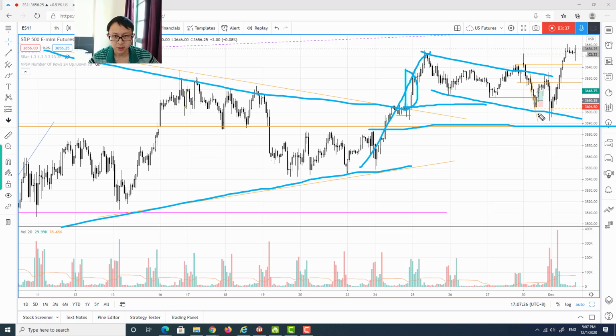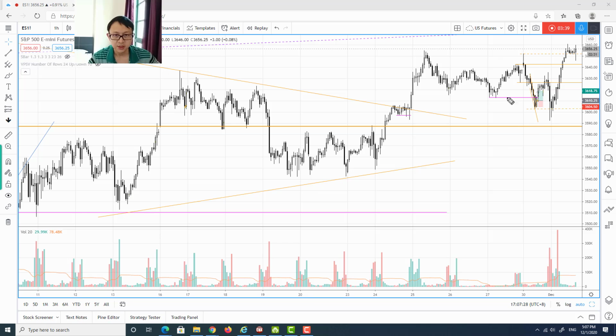This is relatively normal, and we are still just testing this breakout bar right there, and also this immediate support zone as well. You can see that overall the reaction in the Globex period and also during the US session actually just tested the support area right there, and eventually we see a relatively quick recovery up and close in the middle of the candle. That's the last hour bar here, and it closed somewhere around there in the middle. So not too bad.